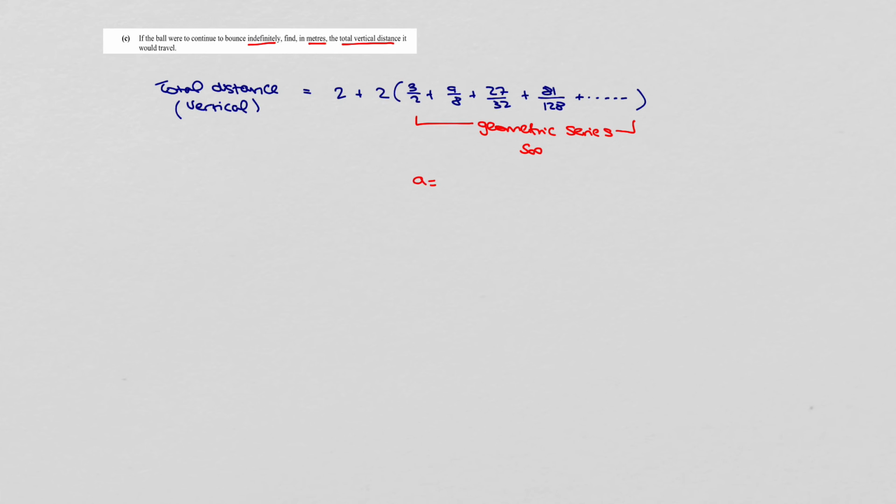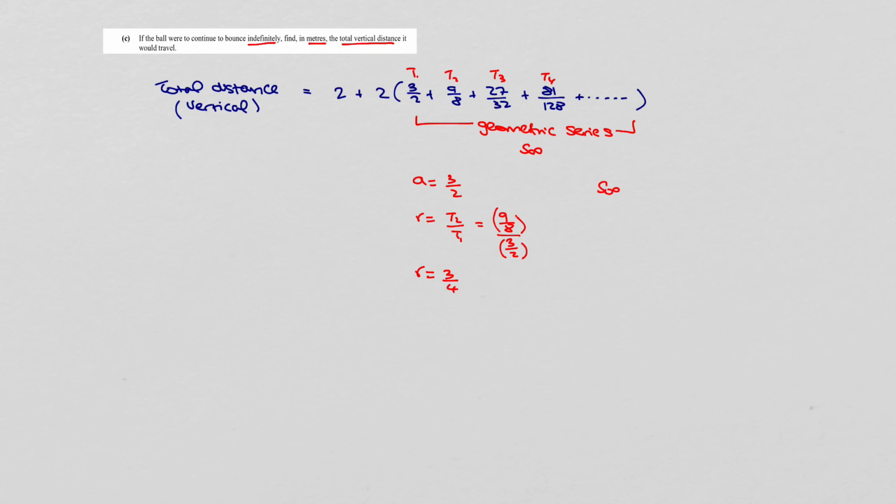We look at the first term, so T1, T2, T3, T4, where a is 3/2. And our common ratio is term 2 divided by term 1. So 9 over 8 divided by 3 over 2 gives us a common ratio of 3 over 4.